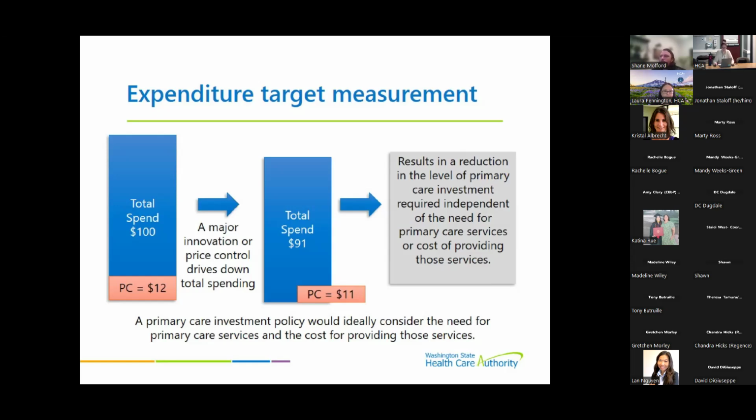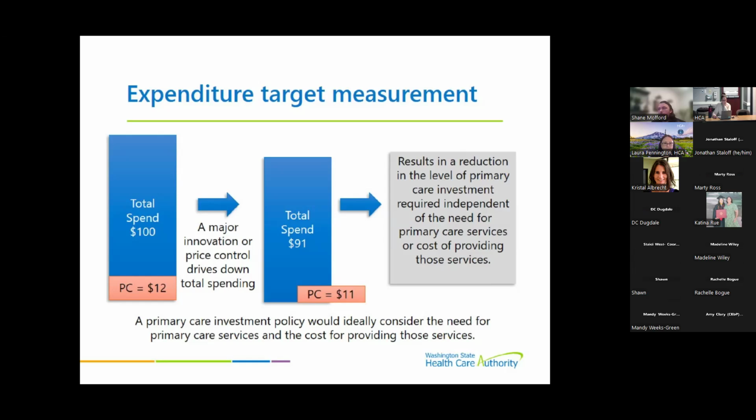So again, this is just a very simple example illustrating how using a target that's predicated on the percent of total care expenditures could result in changes in targeted investment in primary care that just aren't appropriate. You could result in having a target that's not investing enough in primary care, for example.